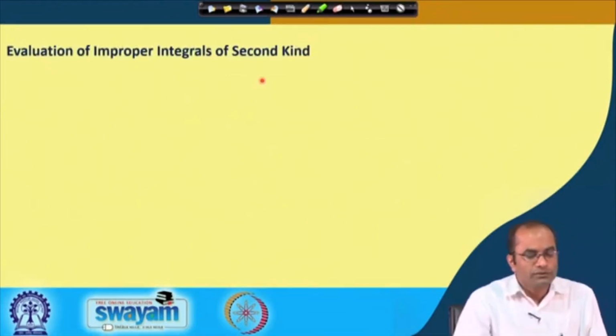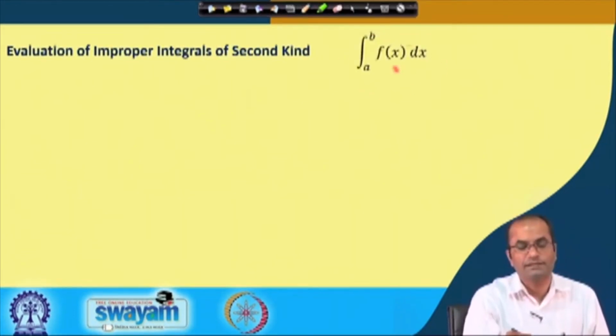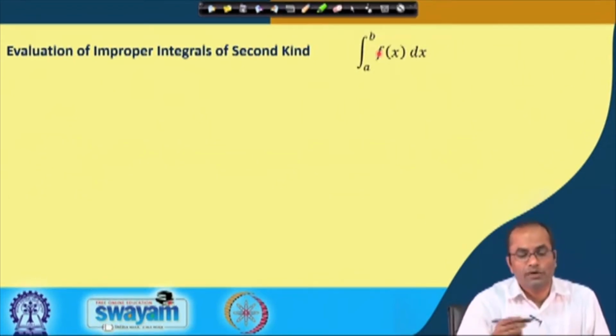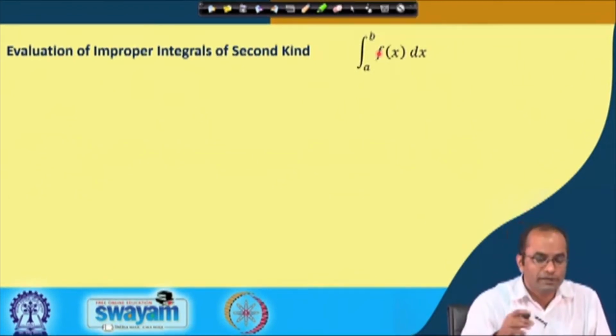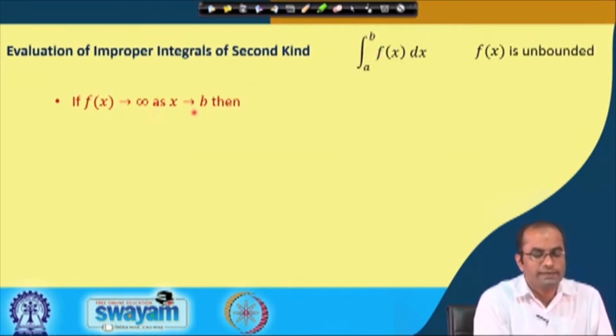Okay, so for the evaluation of the improper integral of the second kind, we will learn the integral of the kind a to b of f(x) dx, where f(x) is unbounded at some point in the range a to b. Suppose this f(x) goes to infinity as x tends to b.